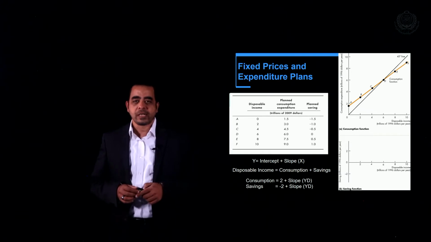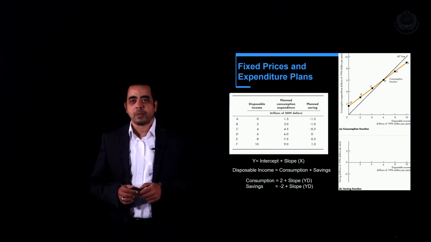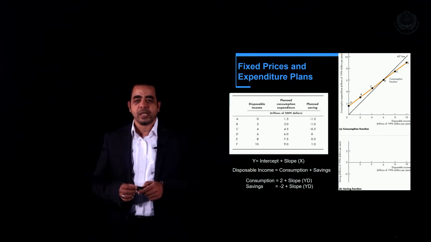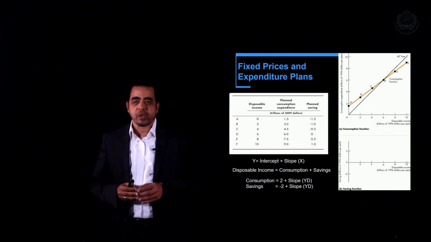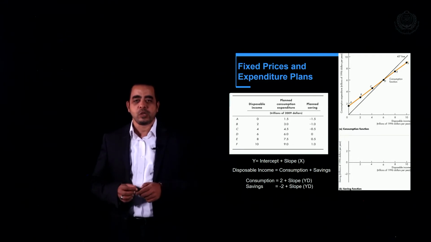So if we connect those dots, we will find ourselves with the consumption function. As you can see, the consumption function is positively related to the disposable income. The higher your disposable income, the higher is your consumption. On the other hand, we're gonna plot the saving points and their relation with disposable income.